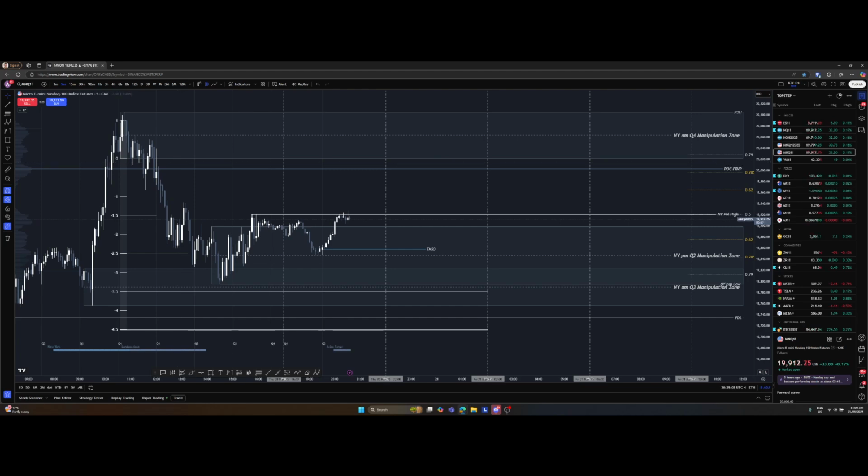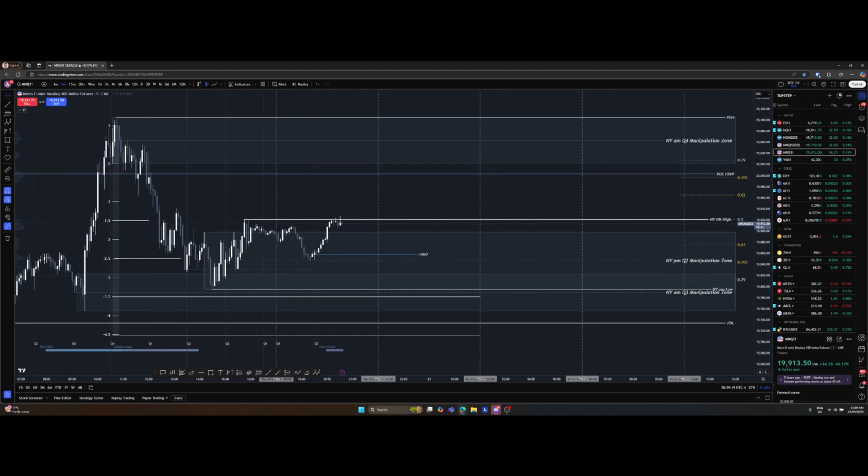Do I think it's possible to only trade Asia on NASDAQ? Is there any particular strategy or use previous US sessions to formulate your plan? I do not think it's possible to only trade Asia, no. I prefer London.